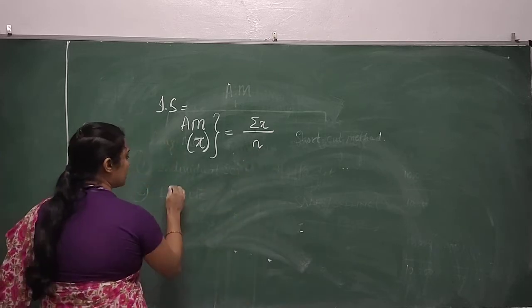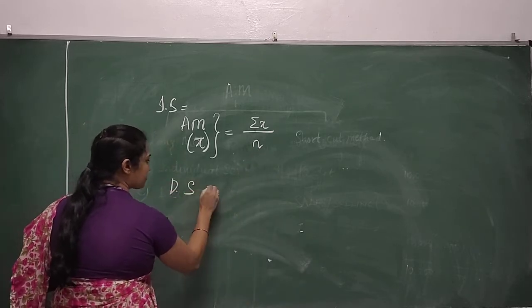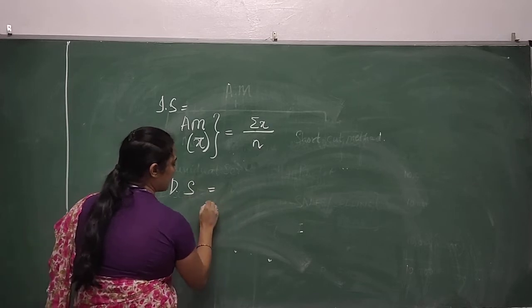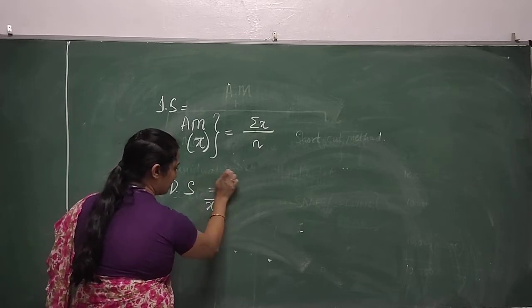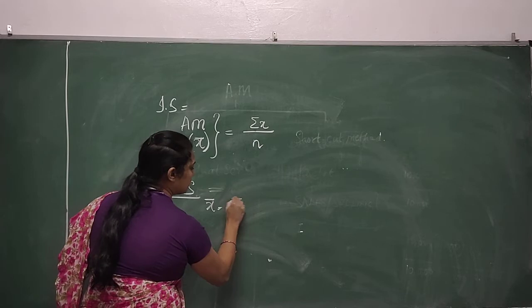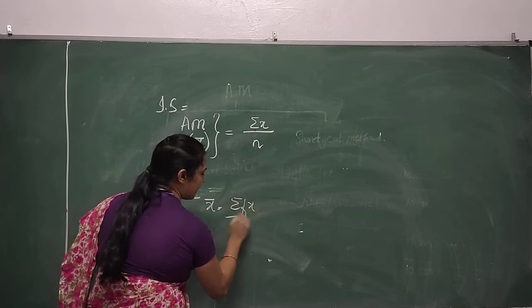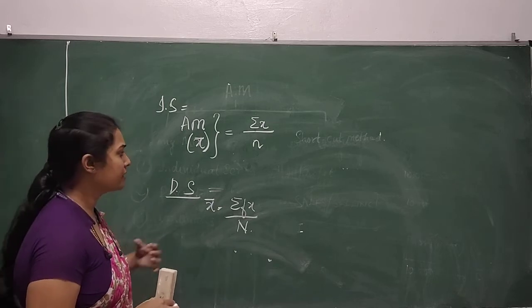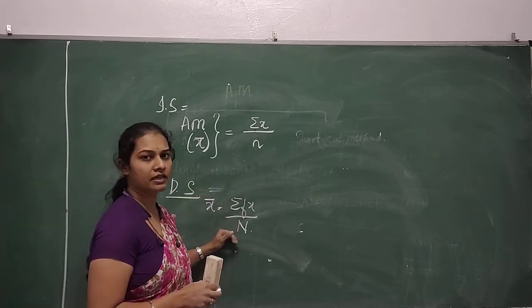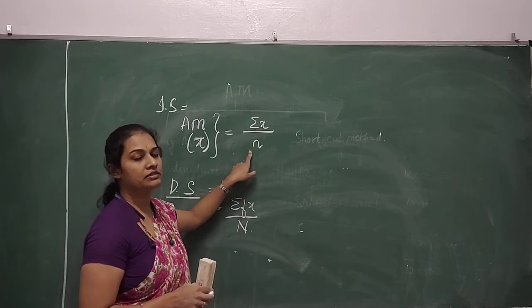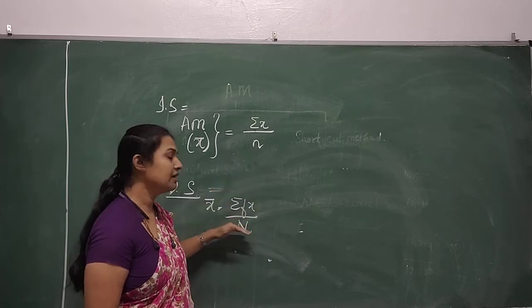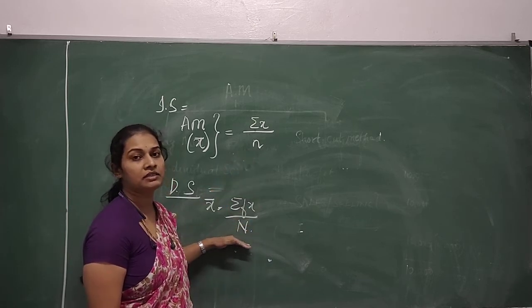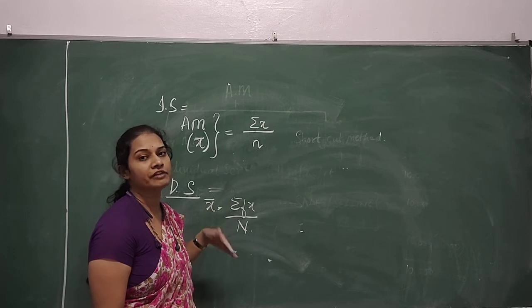Coming to your discrete series, x bar is equal to sigma fx divided by capital letter N. Now what is the difference between a small letter n and a capital letter N? Small letter n means the number of items, whereas capital letter N means the total of the frequency.